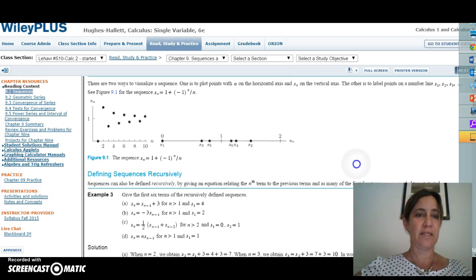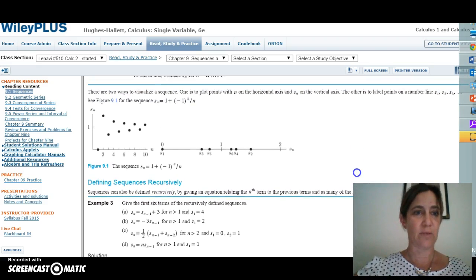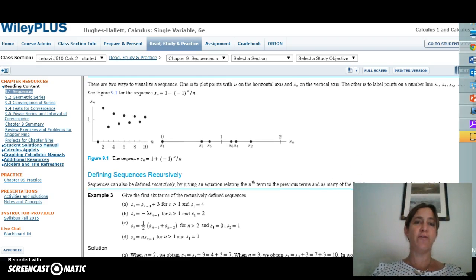The other thing to discuss, 2 more things to discuss, and then we'll look at some more examples, is that there's 2 different ways you can visualize a sequence. So one, we had the algebraic expression. I could also look at it as dots just on a number line, right? Or I can look at it as a 2-dimensional graph where my input is the term in the sequence, and my output is the value. And this is where you can see we can start talking about convergence and divergence.